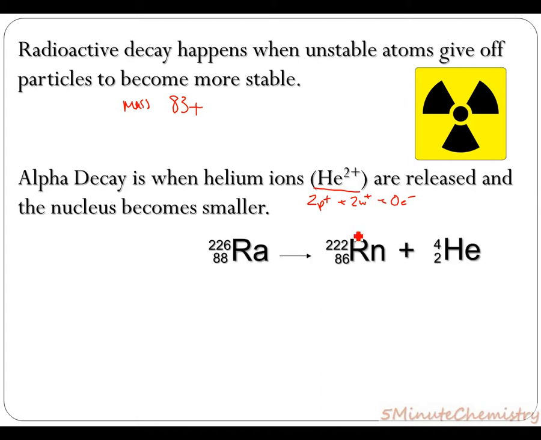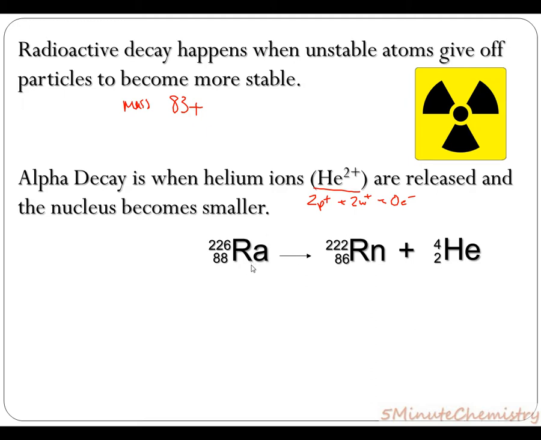So this is an example of an equation. Notice 226 is the mass of what's called the parent isotope, in this case radium. And what we're going to do is take radium going into radon.